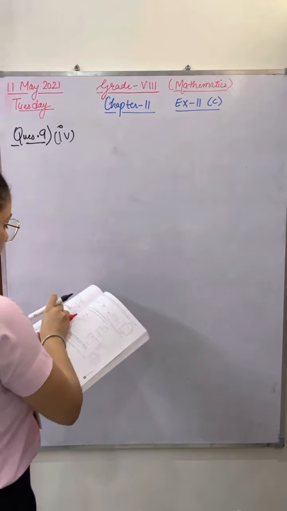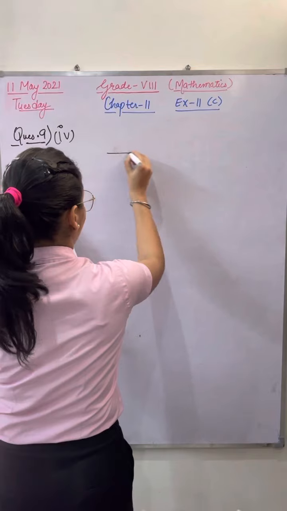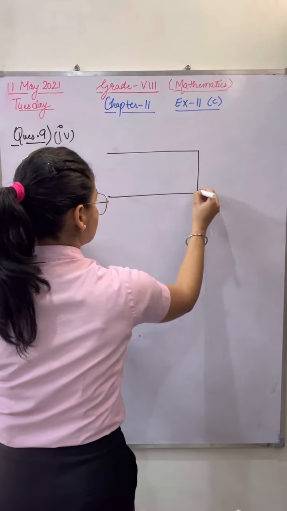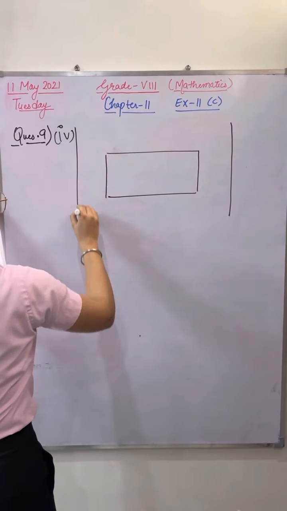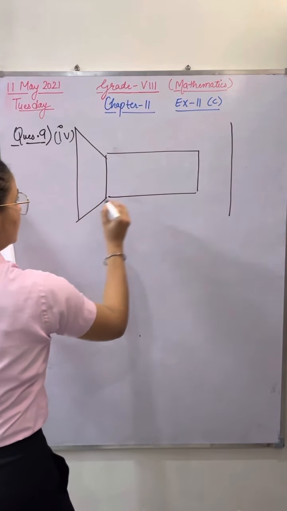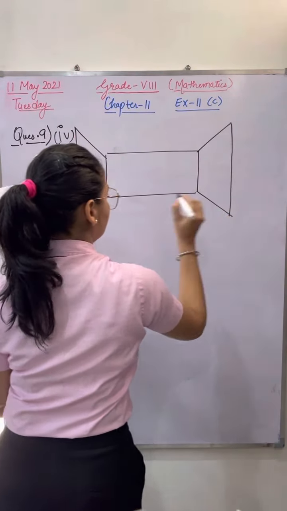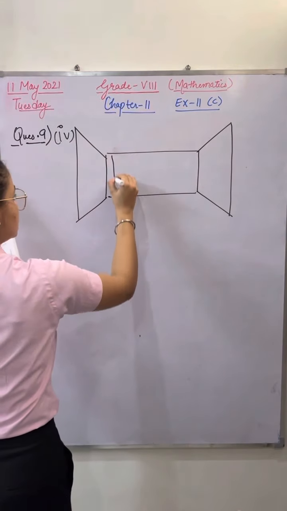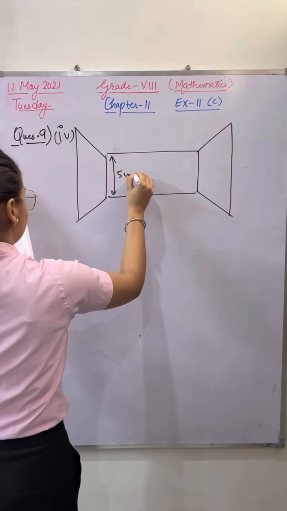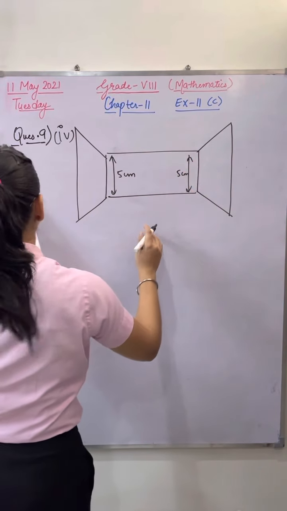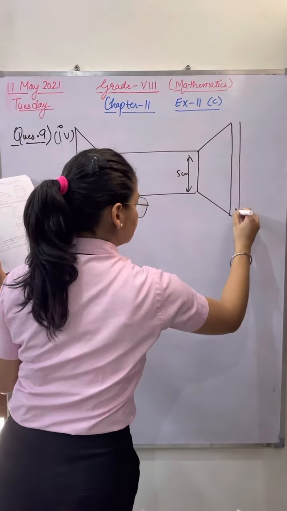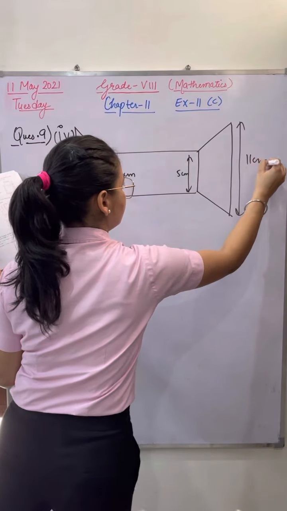In this question, this is your figure. Now you have to see how we can split the shape into how many parts. This is given 5 centimeter. This is again given 5 centimeter. This length is given 11 centimeter.